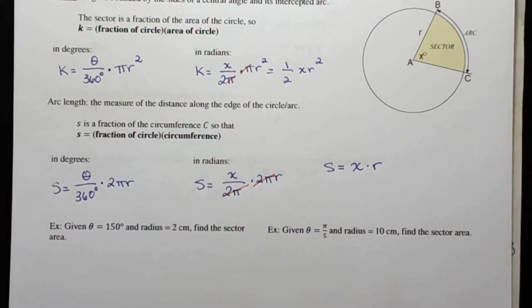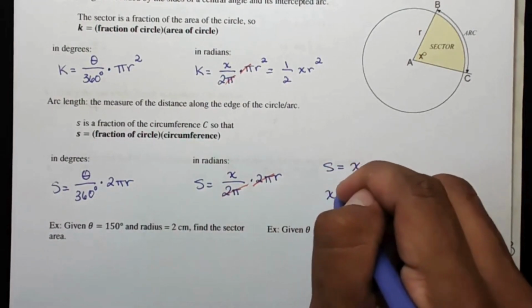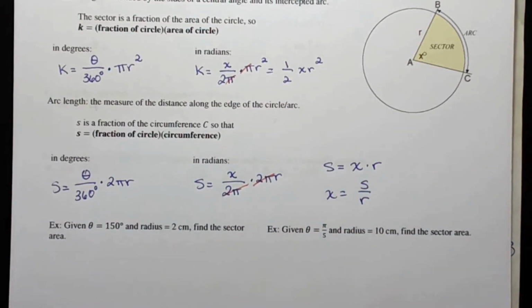Well, what if we're trying to solve for the radian measure? If you divide both sides by r, you take the arc length and divide it by the radius. You could also solve for the radius by doing the arc length over the radian, but we don't use that as often. Again, you can manipulate that as many ways as you want.